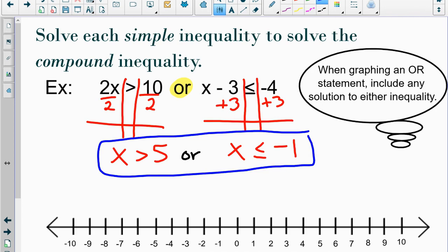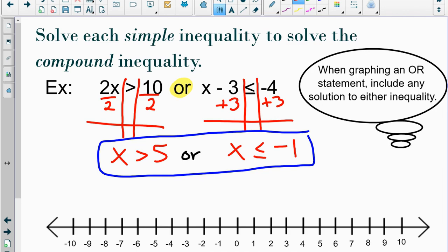In our little talking bubble here, it also reminds us that when graphing an "or" statement, where you have the word "or" in between the two inequalities, we include any solution to either inequality. So basically, we graph both of these on the number line. My first one said that x is greater than 5. So I'm going to find the number 5 on my number line.